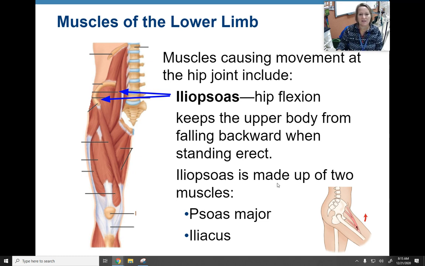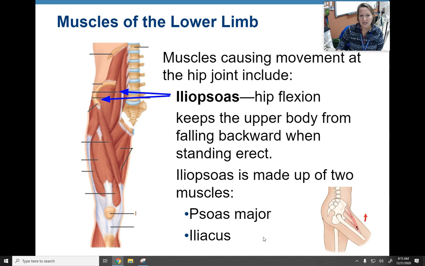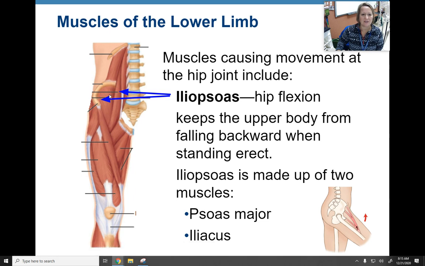And so this word, the P is silent. It's called iliopsoas, and it's actually made up of two muscles, the psoas major and the iliacus. You should see the word ilium in there. Ilium, here's your iliac crest. And so the iliacus muscle is this one that is attaching right here, and the psoas muscle is the longer one.